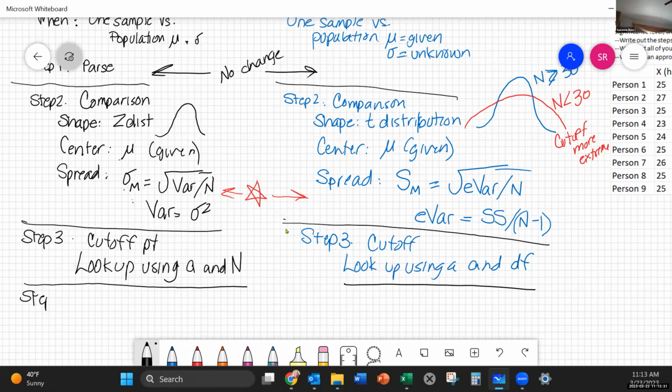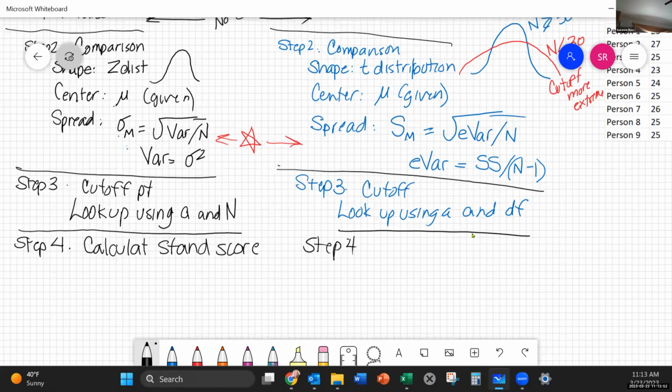In step 4, calculating the standardized score, we actually have the same formula that we always use.